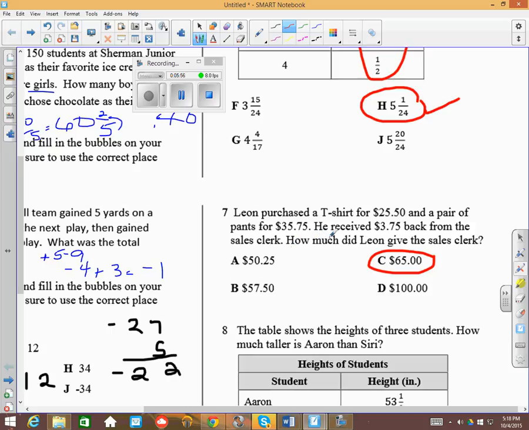He received $3.75 back from the sales clerk. How much did he give the sales clerk? When you added it together and subtracted, you'd determine that he gave her $65.